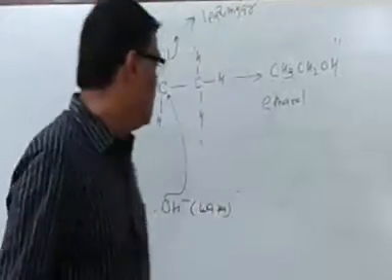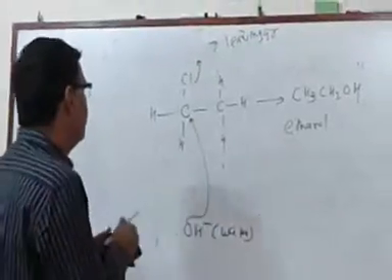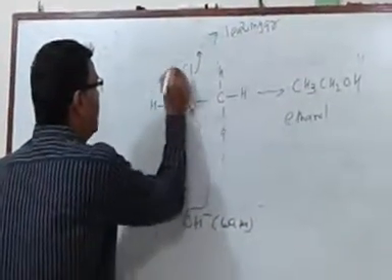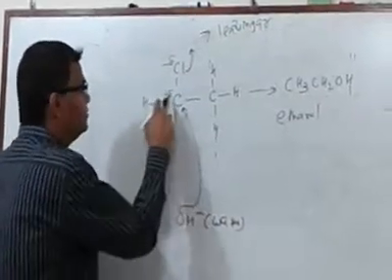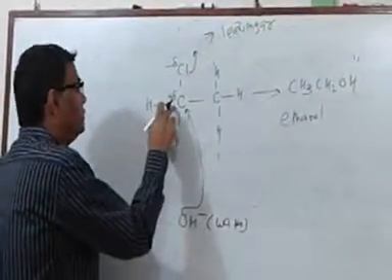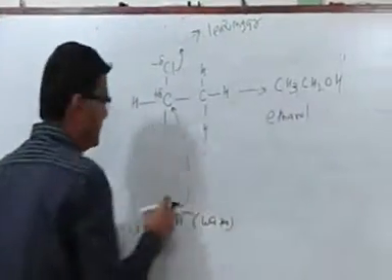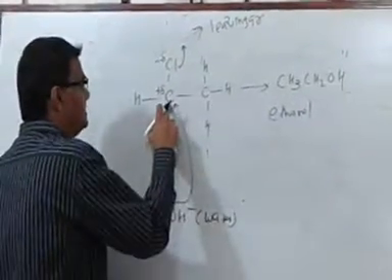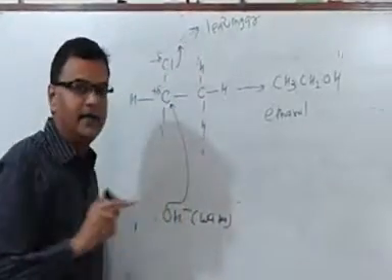In that case, OH minus will go to carbon because there is a plus delta here and minus delta here. The bond is polar. As it is a nucleophile, it will go to the positive center, and this will result into SN2 mechanism, where bond between OH and C is formed and bond between C and Cl is broken simultaneously.